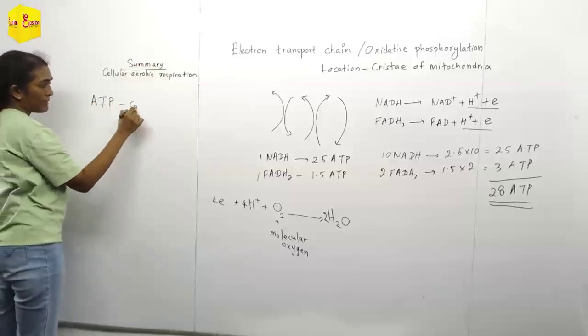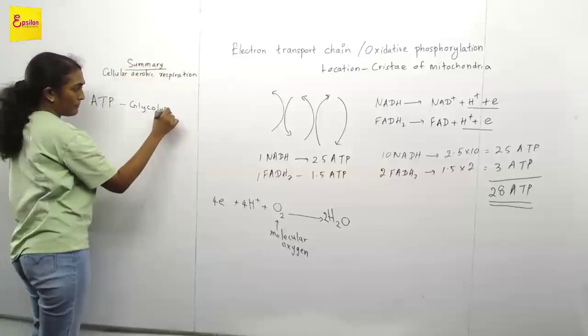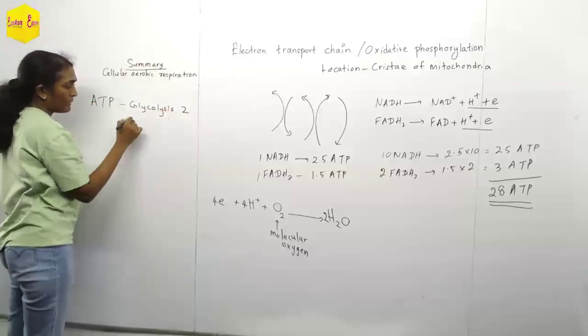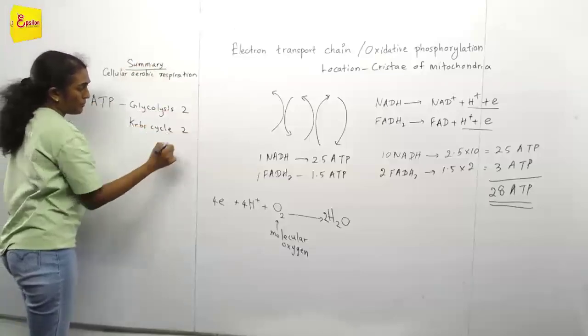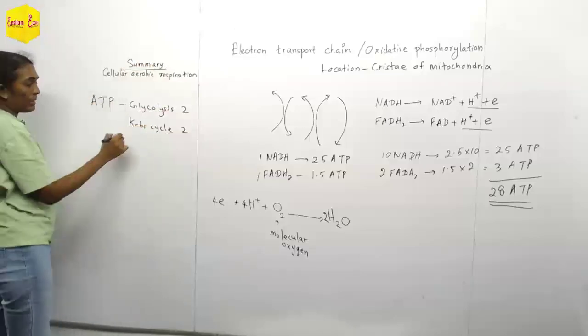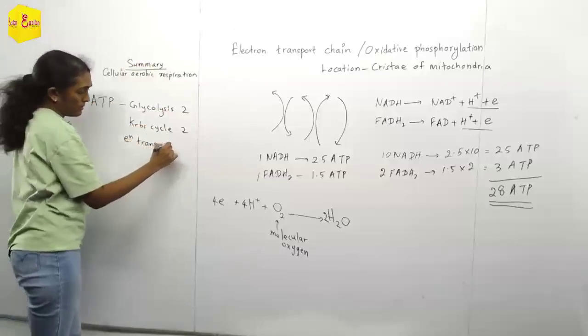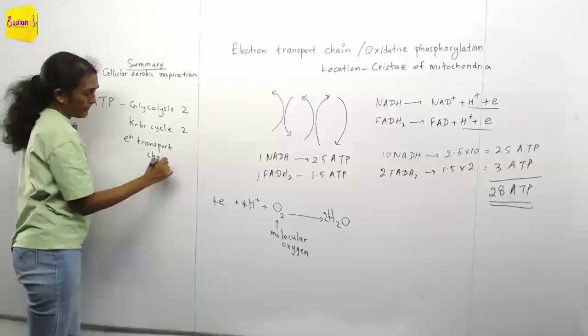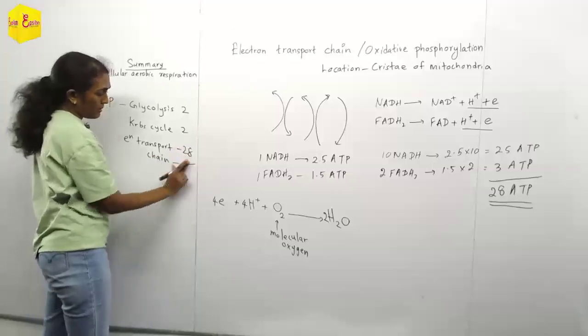In glycolysis, we took it as 2. Next, Krebs cycle, 2. Then electron transport chain, how many? 28. So altogether, what's the total?